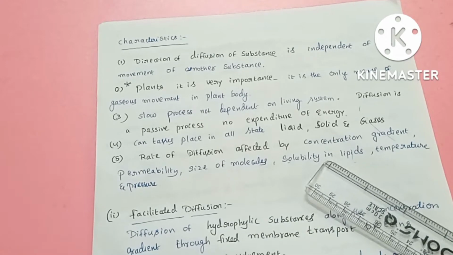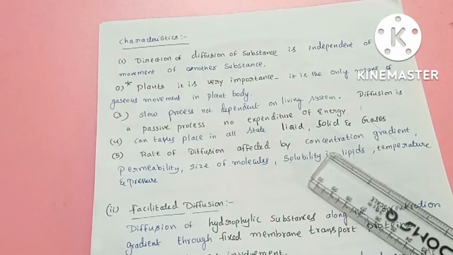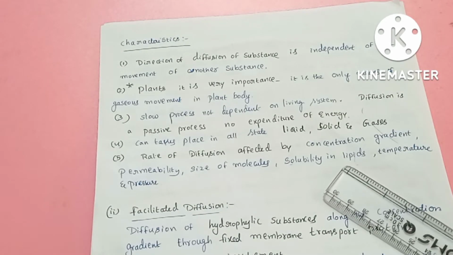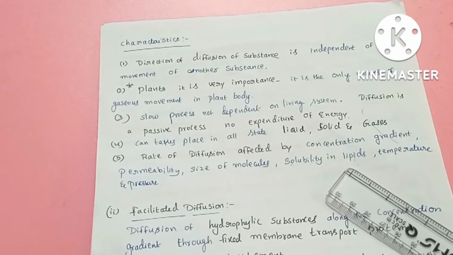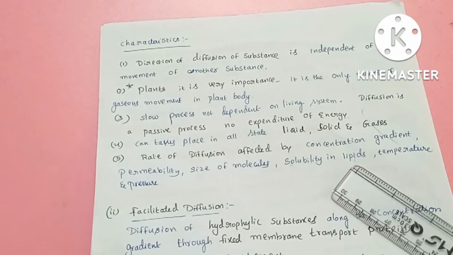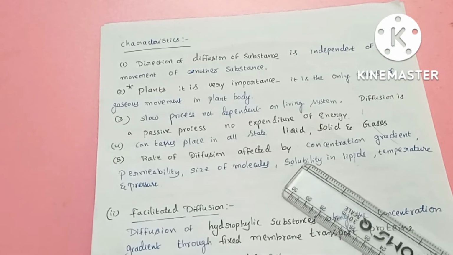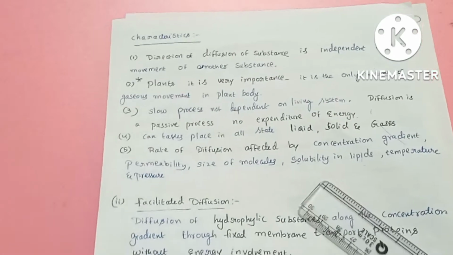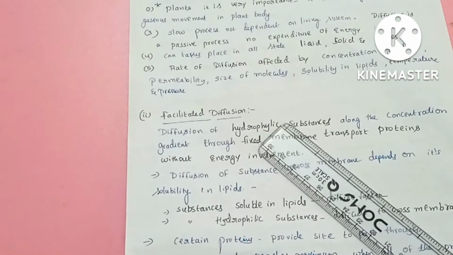Next, solubility in lipids. The major component of the membrane is lipids, so molecules which are soluble in lipids can be easily diffused compared to molecules which are not soluble in lipids. Temperature and pressure are also factors that affect the rate of diffusion.